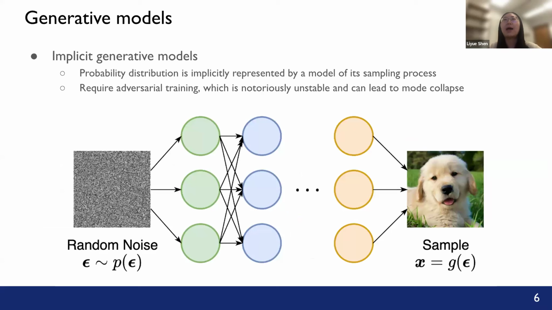Later on, we also saw a series of works motivated by implicit generative models, for example the generative adversarial network, or adversarial training. We try to use this scheme to learn the distribution, which means we may not explicitly represent the probability distribution, but the neural model can still sample or generate new data close to the training distribution from some random noise.